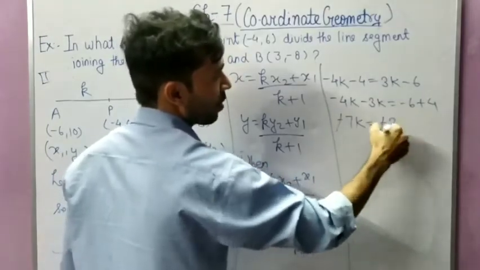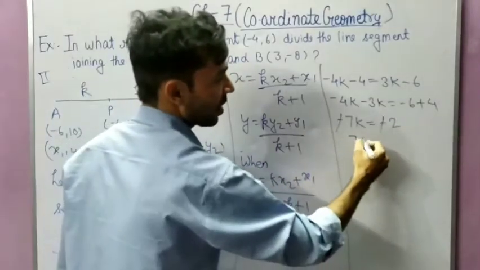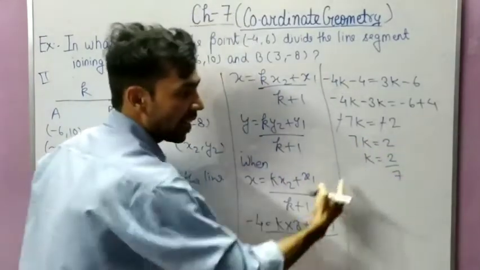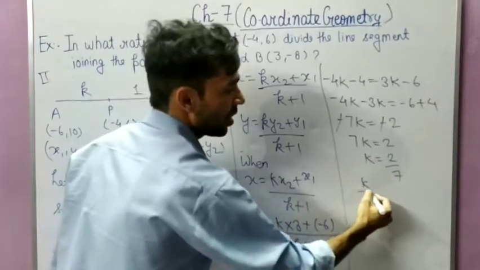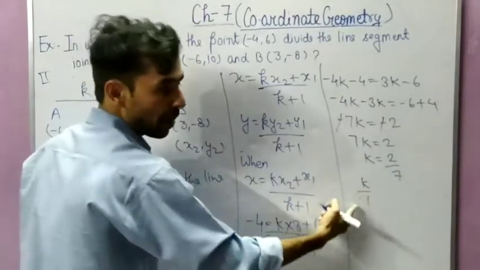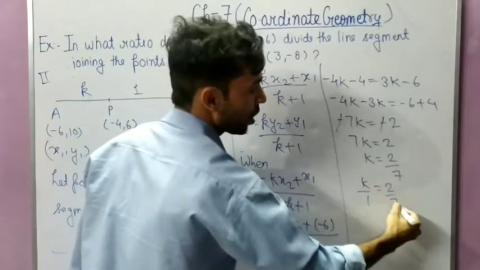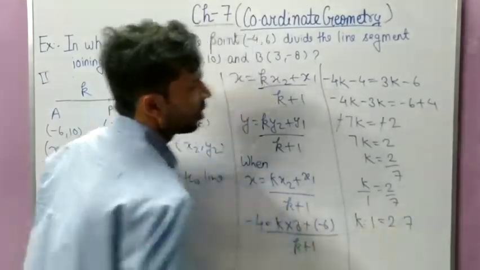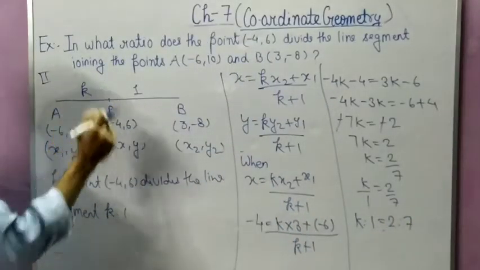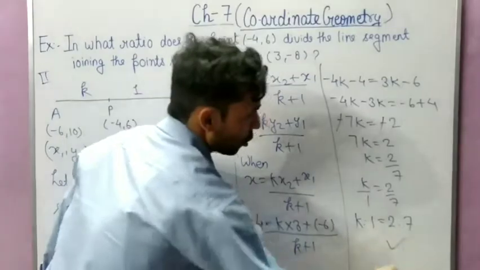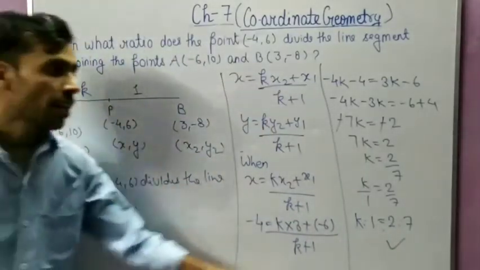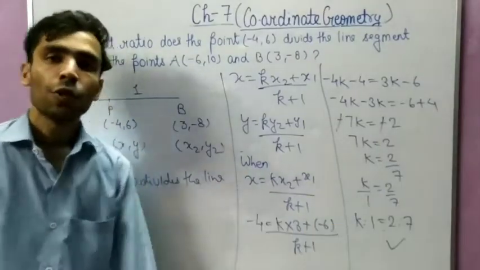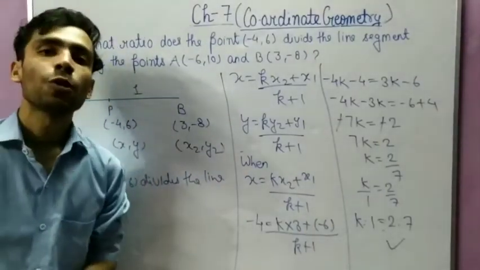So the minus signs cancel, 7k equals 2, so k will be 2/7, and k can be written as k by 1. So k ratio 1 equals 2/7. Our answer is 2/7. In the first method the answer came 2/7, and by the second method the same answer comes. So it's your wish which formula you want to use.